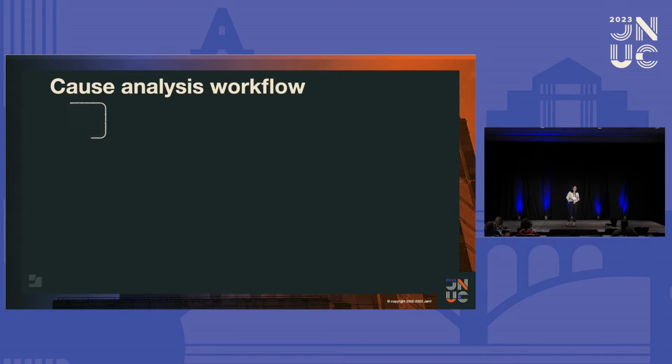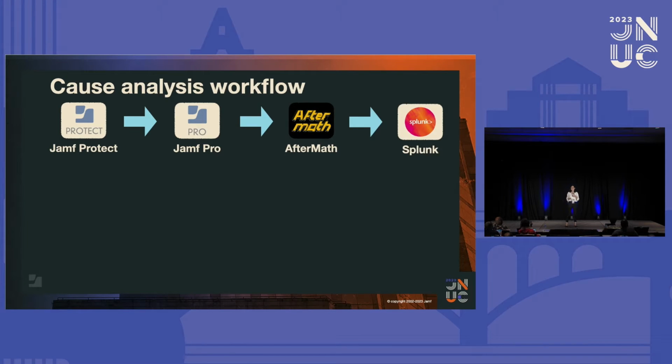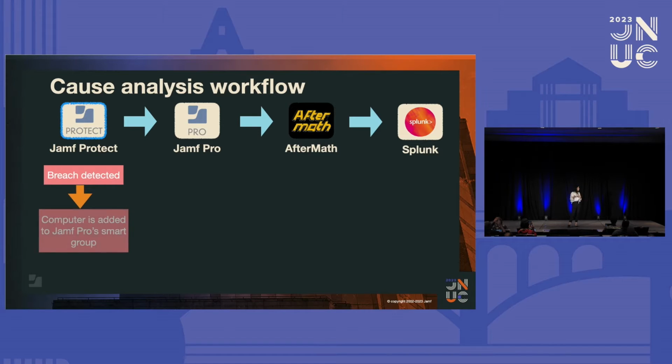In order to create this workflow, I use multiple solutions from different vendors. Starting with Jamf Protect, when an alert is detected from a managed device, that device is automatically added to a Smart Group in Jamf Pro.